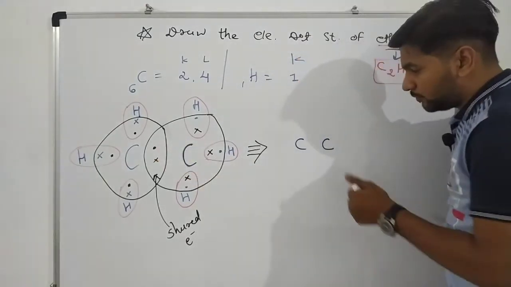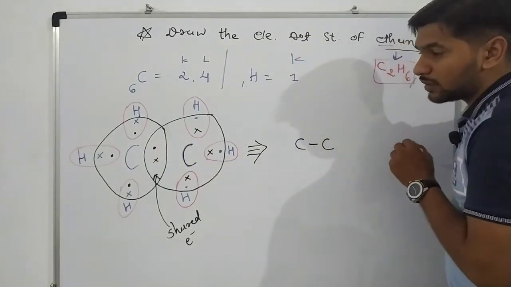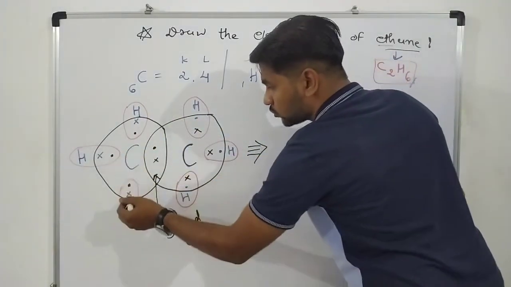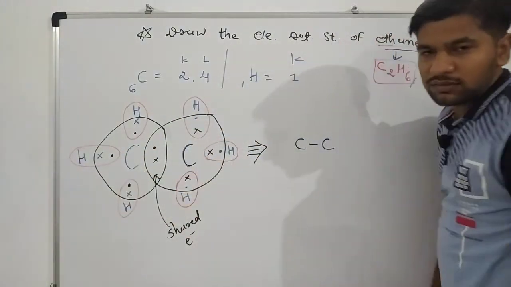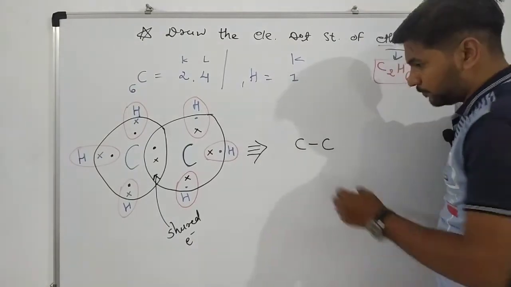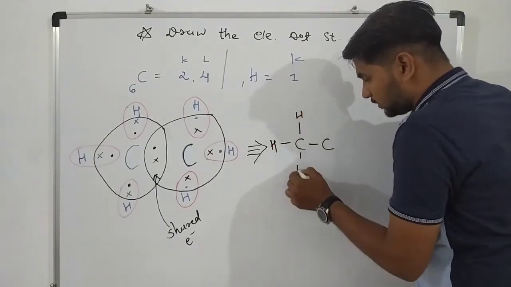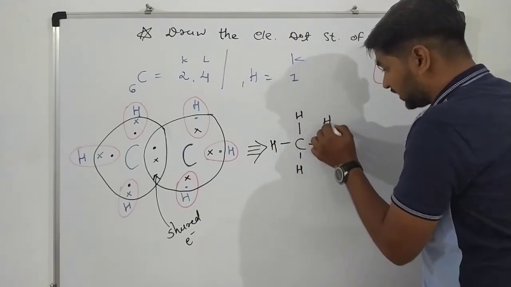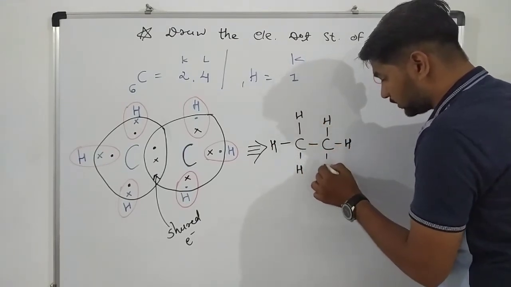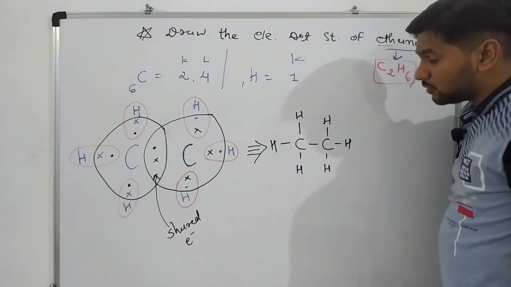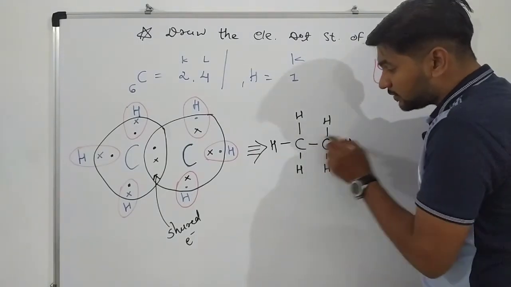These two electrons make a covalent bond. All the shared electrons form covalent bonds. So you can write here H, here also H.